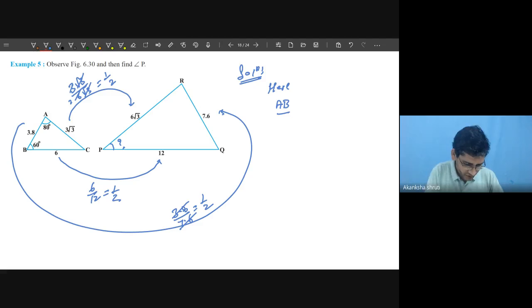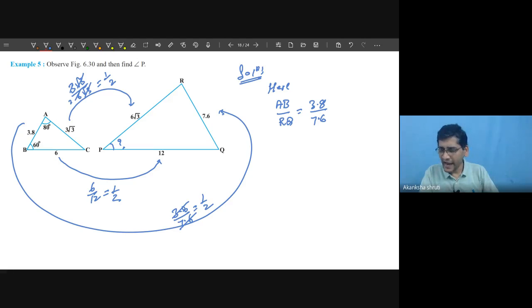By corresponding to AB, here we are observing with our rough calculation with RQ or QR you may write. So let us write this as RQ. Then it is 3.8 by 7.6.